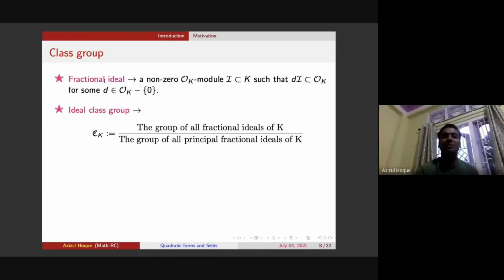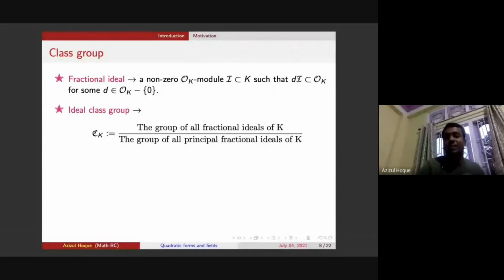I may not be contained in this ring, but if I multiply it by something, then it becomes a subset of this one. So that means basically this I has a fractional structure.